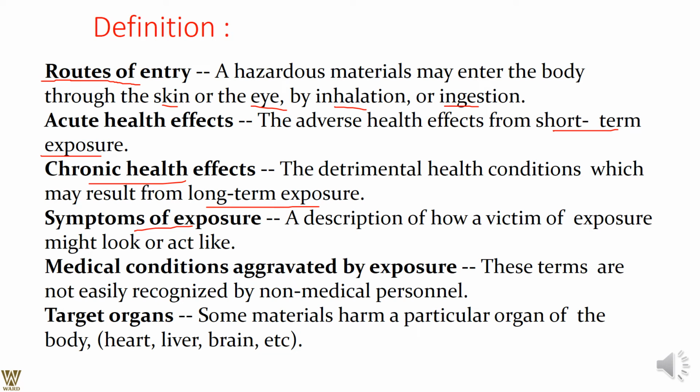These terms are not easily recognized by non-medical personnel. These are internal organs with no physical manifestations, so we require a paramedic or medical professional to understand the medical condition. Then we have the target organs. Some materials harm particular organs, let's say the heart, liver, or brain.